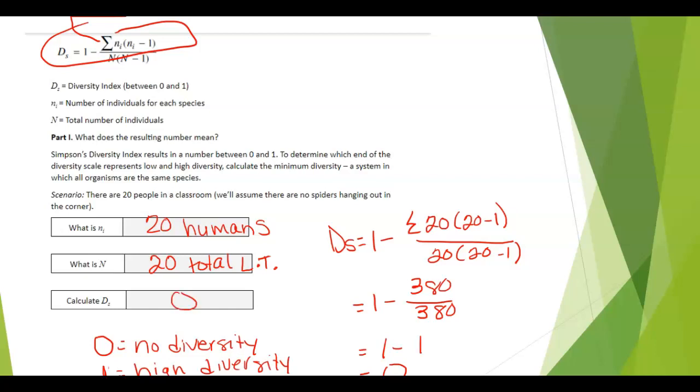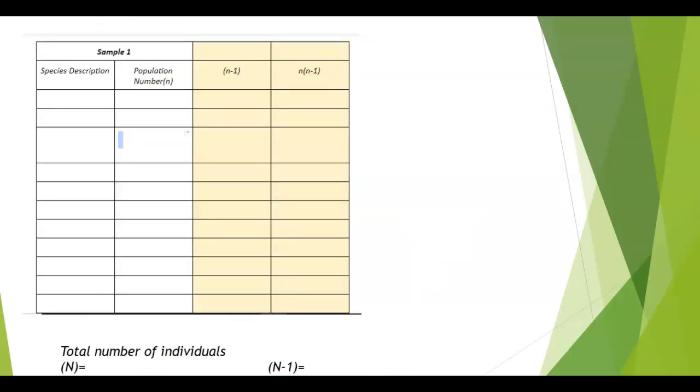Here's how this works with your simulation. You're going to be given an environment, and you're going to have to count how many species there are and how many individuals in each group of species. If the table on your worksheet does not have these two extra columns, I would add them in because it's going to make organizing your data a lot easier. These will be the n minus 1 and the n times n minus 1.